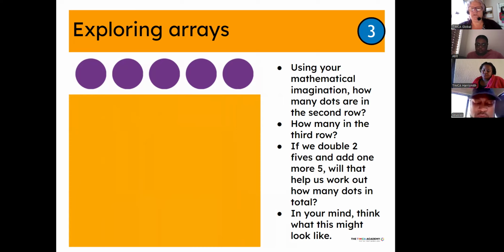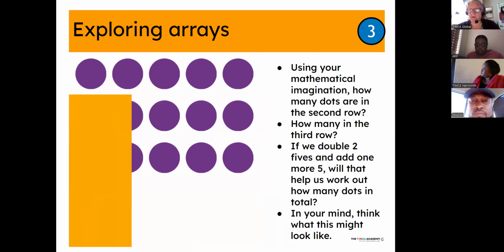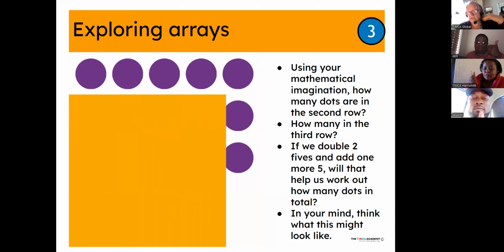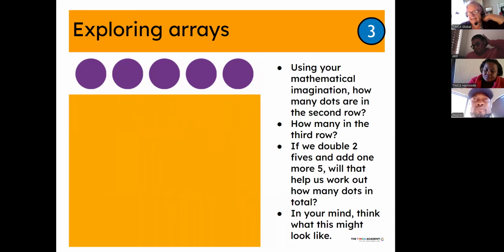Would that work? Put your thumbs up if you think it would work. Okay. So double 5 would be 10, those bits that are hidden perhaps, and then another 5 on top. So we would have 15 in total.